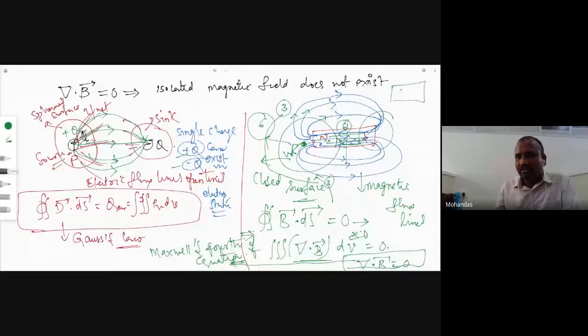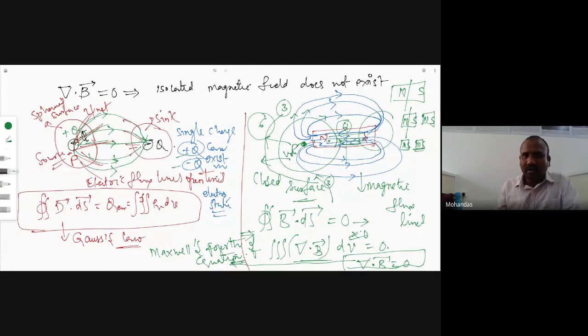Suppose there is a permanent magnet with N and S. If you break this magnet into two pieces, again there is a formation of north and south poles. If you break this again, you will again have north and south poles. You can't separate the magnetic poles.